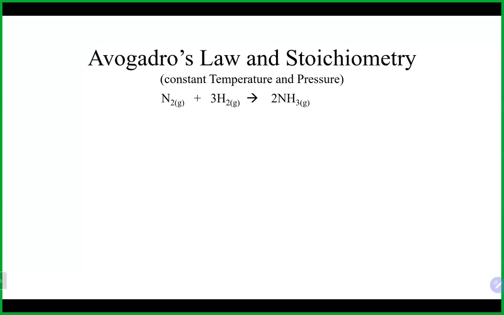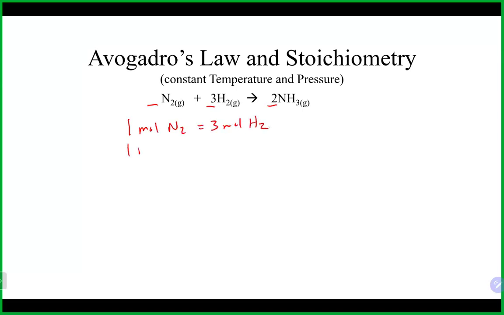Now, if you happen to have a stoichiometry type problem under constant temperature and pressure, and you're looking for a volume, you could do stoichiometry here without a gas law. If you remember, if we look at this equation, we could say for every 1 mole of N2, we get 3 moles of H2.